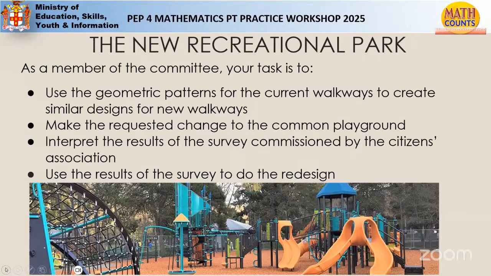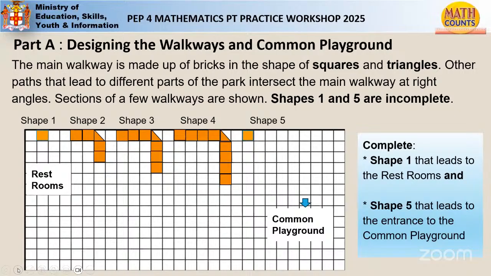So you're going to get some information, and you're going to use that information to decide what you're going to do here. So this is the first part: designing the walkways and common playground.